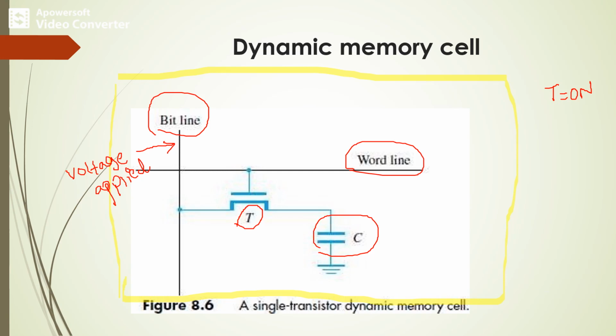So the capacitor is now completely charged. After the transistor is turned off, that is, whenever T is turned off, the capacitor begins to discharge. So capacitor C starts to discharge.